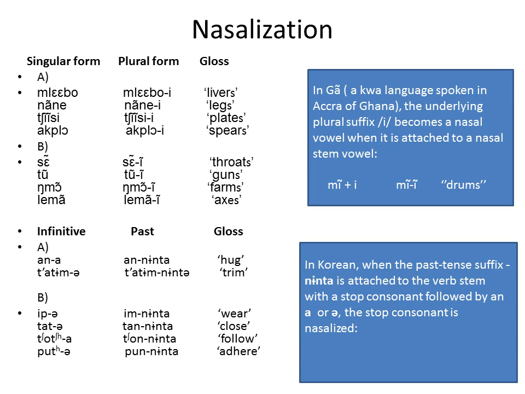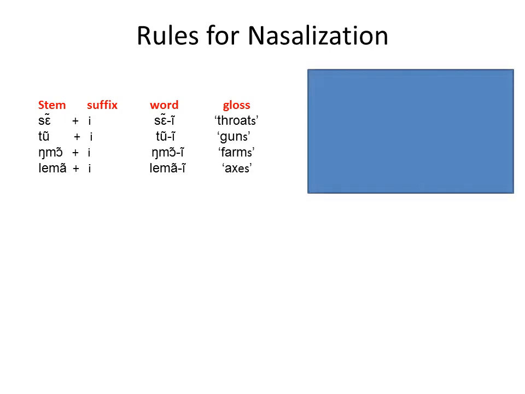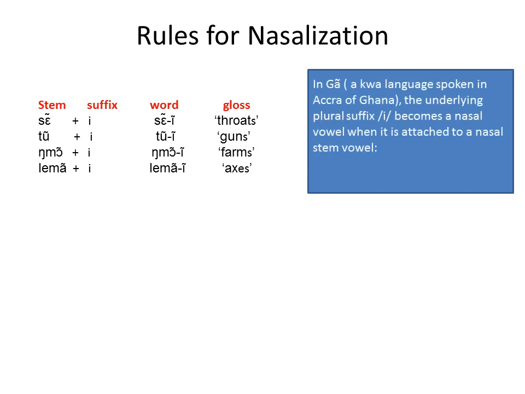Later on, we will write a phonological rule for each process. Rule for nasalization. Let us start with vowel nasalization. The informal rule is as follows: the underlying plural suffix becomes a nasal vowel when it is attached to a nasal stem vowel.